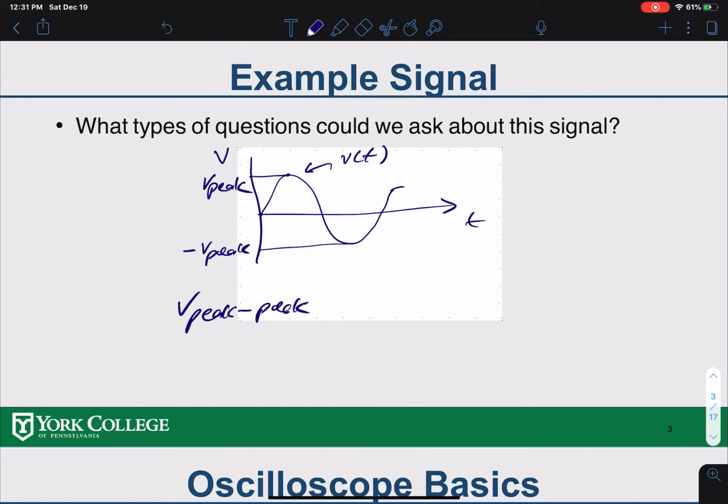Then this signal, if it repeats, how often is it repeating? That's called frequency. So we have magnitude, peak value, peak to peak value, and if it repeats, how often it repeats is called frequency.